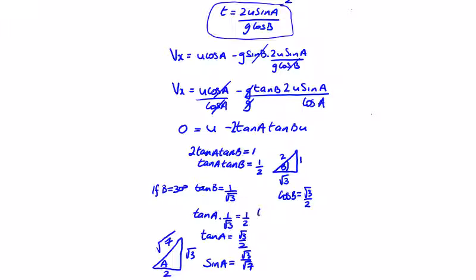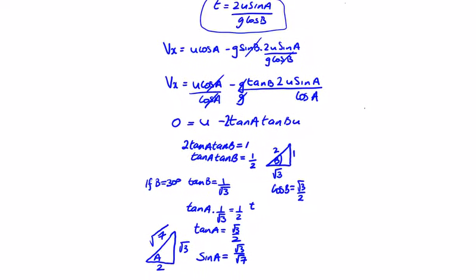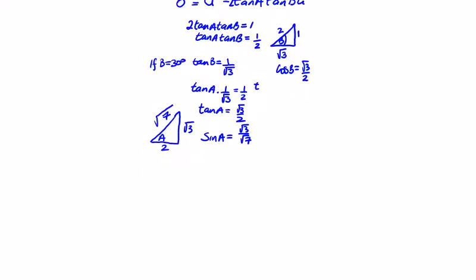So the time of flight then becomes 2u sine a over g cos b, which is going to be 2u times root 3 over root 7 divided by g times the cos of b, which is root 3 over 2.